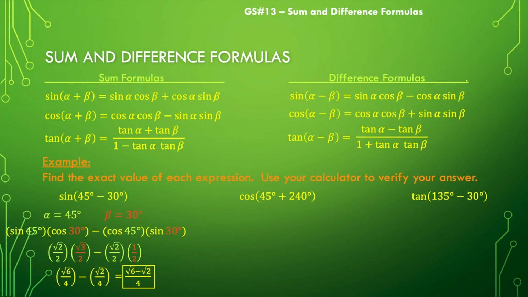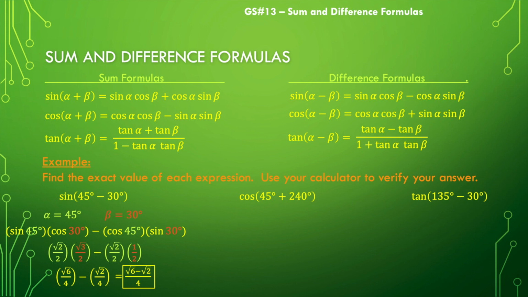Okay, the square root of 6 minus the square root of 2, all divided by 4, should be about 0.2588. And then if you take the sine of 15 degrees, you should end up with exactly the same value of 0.2588.